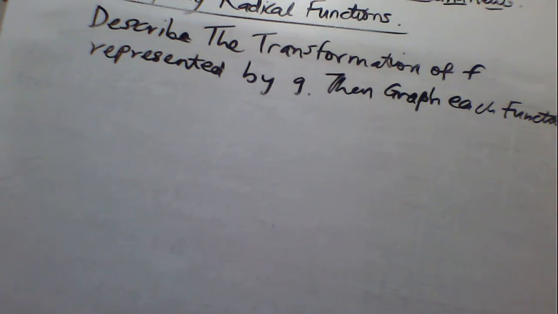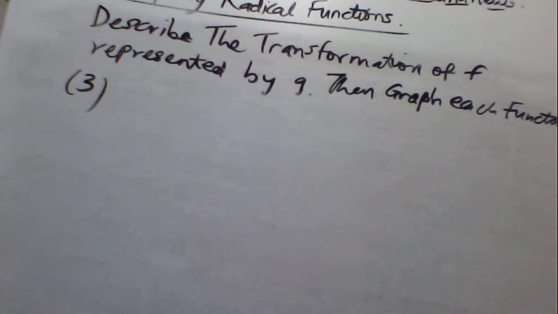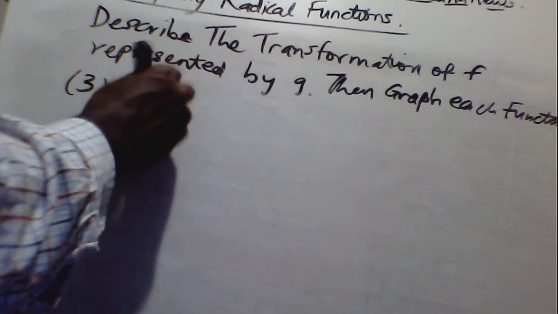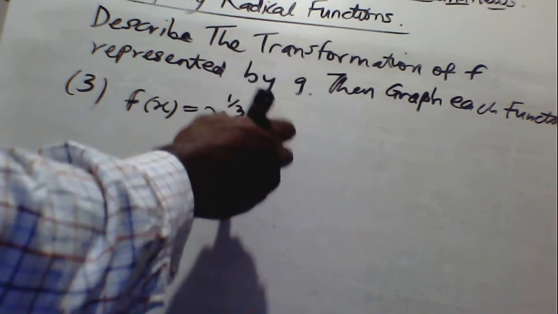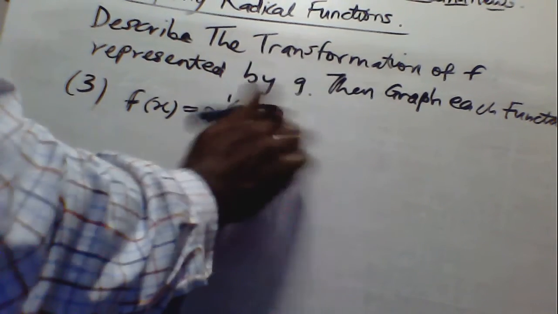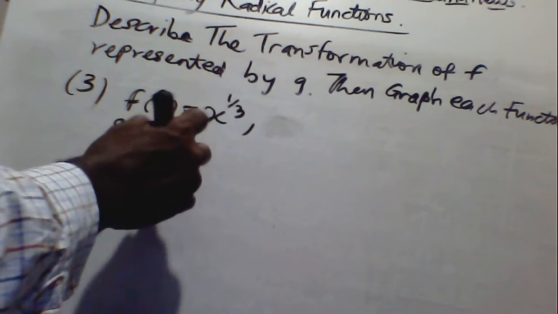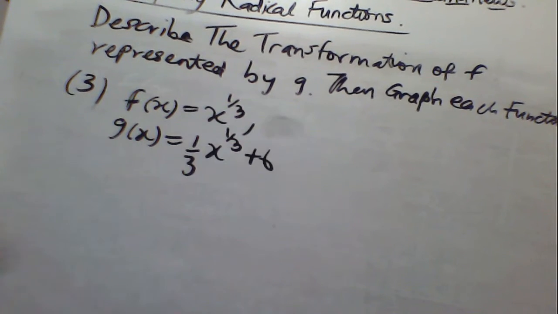Alright. So the third example, f of x is equal to the cube of x, as this is the parent function. f of x is equal to x raised to power 3. g of x is equal to 1 over 3 x raised to power 1 over 3 plus 6.